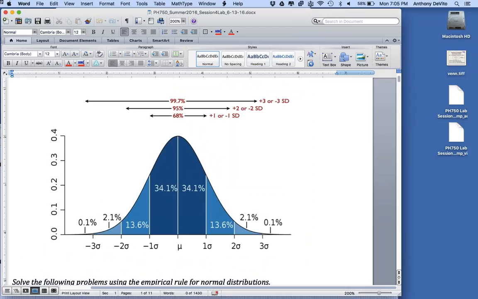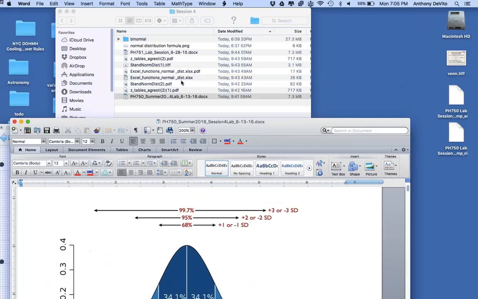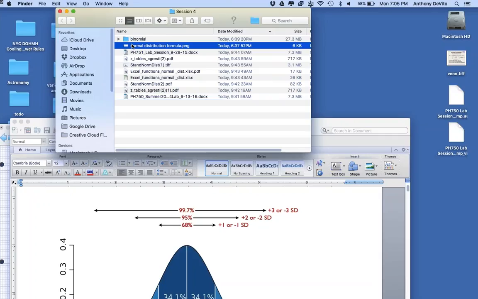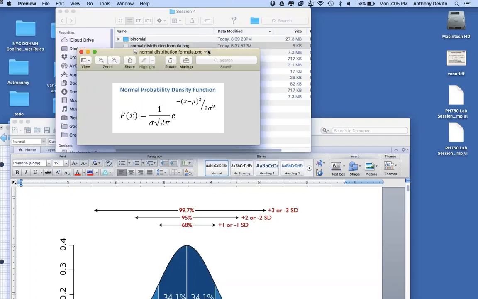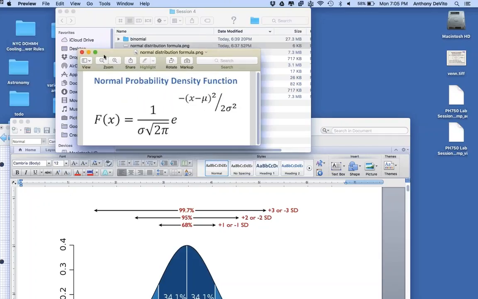But I have other advantages here. This shape actually is determined by probability and by a formula. It is actually a formula that represents the normal distribution. Here it is, pretty nasty looking formula. What do we have in here? We have the standard deviation, we have pi and e, which are constants.